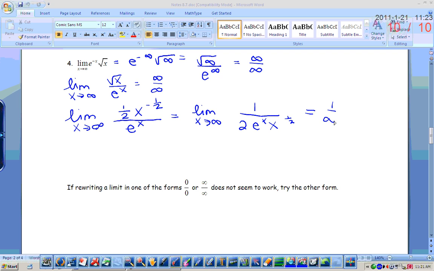Basically have 1 over infinity, so 0. So 4 I think you probably would have intuitively come to that conclusion on your own. But it wasn't set up immediately as infinity over infinity, so we had to work to get it as infinity over infinity. If for some reason you think, I'm going to try for infinity over infinity and that's not working, then try and manipulate it into 0 over 0.